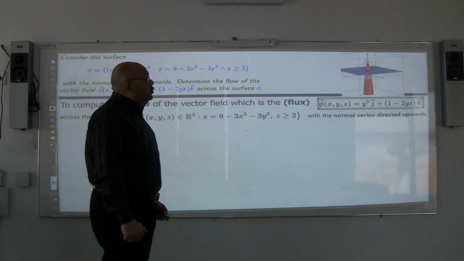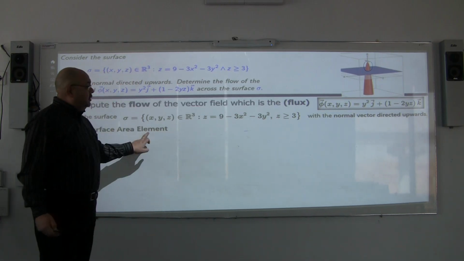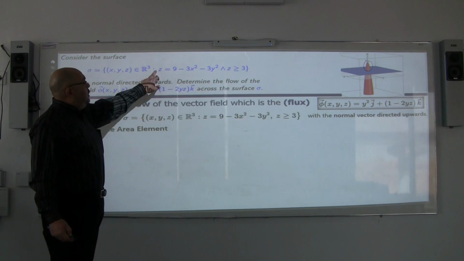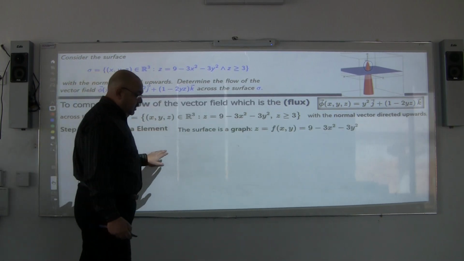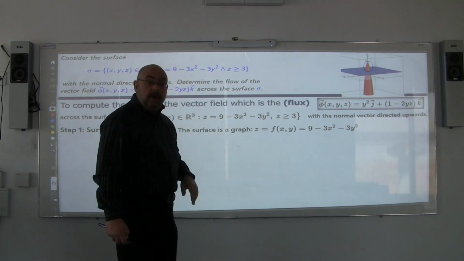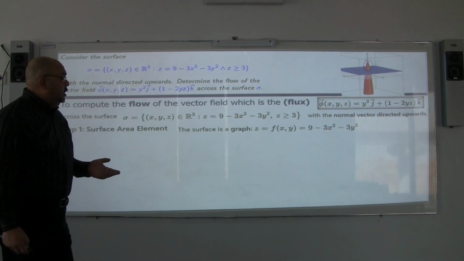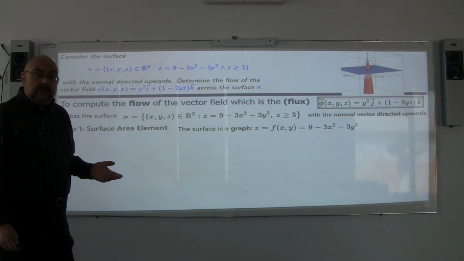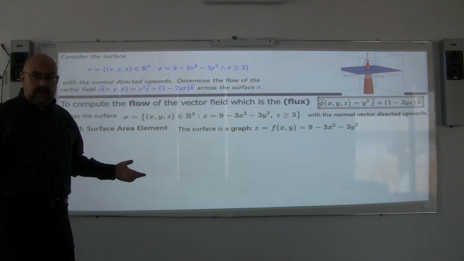Okay, with the normal vector directed upward, now I will have to determine the surface area element, where z is f as a function of x and y, which is 9 minus 3x squared minus y squared, from which I can get the partial derivatives. And yes, you are right, I can consider here z as a function in x and y, and x and y are exactly like u and v.